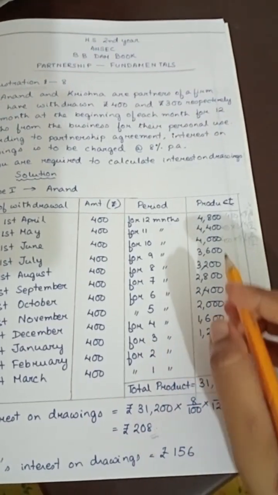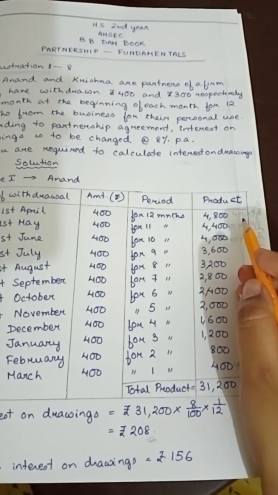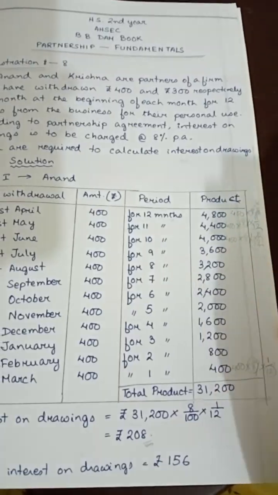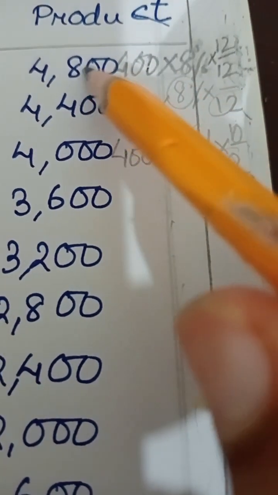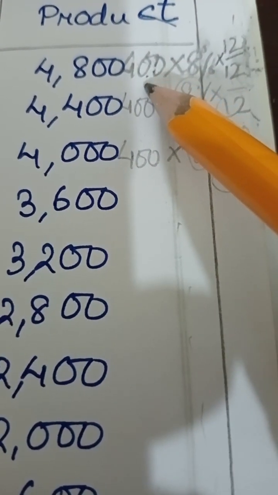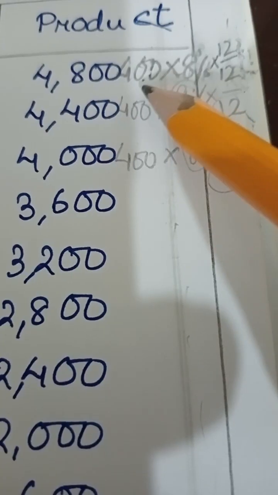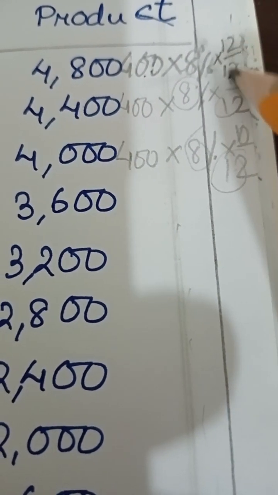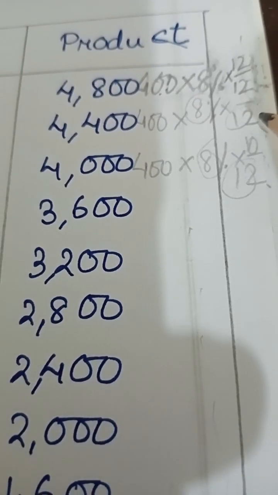So this calculation you have understood or not, I don't know. I'm just making it clear. So you see here, it's nothing but 400, the amount of drawings every month. So 400 into 8% into 12 divided by 12, because it is for 12 months.